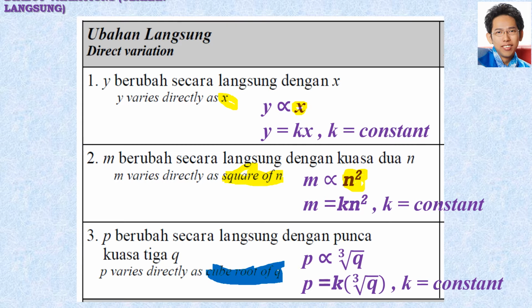Okay, maksudnya kita mau berkata langsung dengan punca kuasa 3q. So that's why here we have a punca kuasa 3. Okay, or we call it cube root.